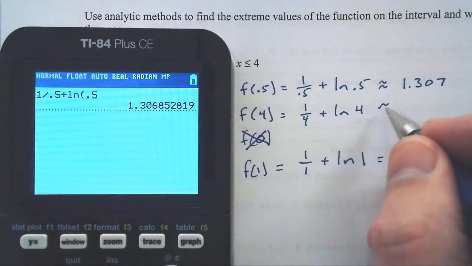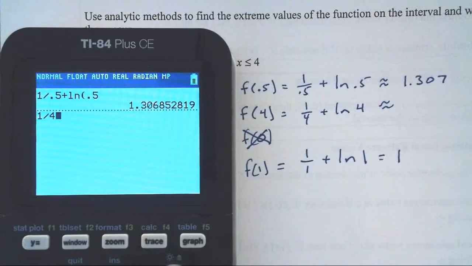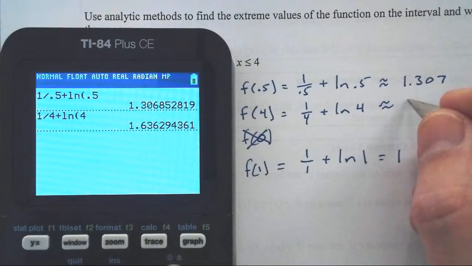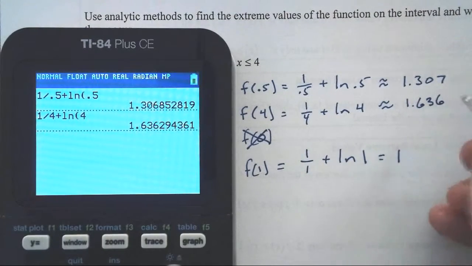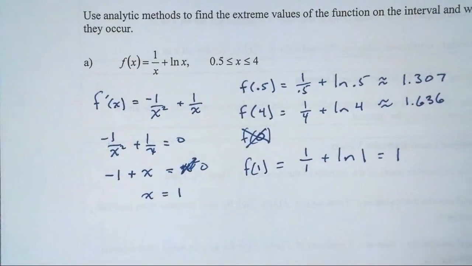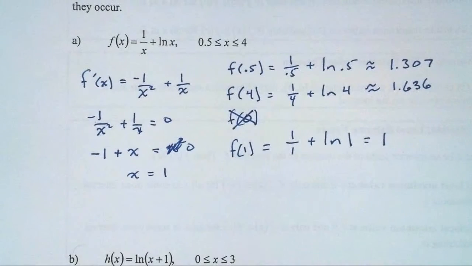That's approximately 1.307. Now 1 divided by 4 plus ln 4, and I get 1.636. Therefore we discover those are the only 3 possibilities where we have maximums or minimums.